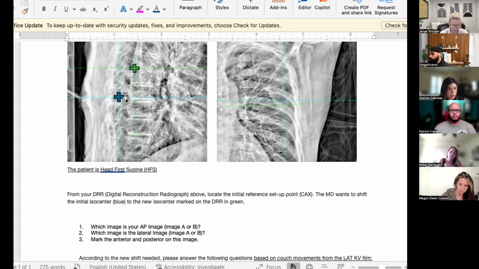Up. Oh no, down. The lateral's a little bit easier for me to understand. I could do it with Diego's method, or with a pen. But whenever my patient is head first supine and my isocenter is going anterior, the only way to get anterior is to bring the table down. Okay, that makes sense.